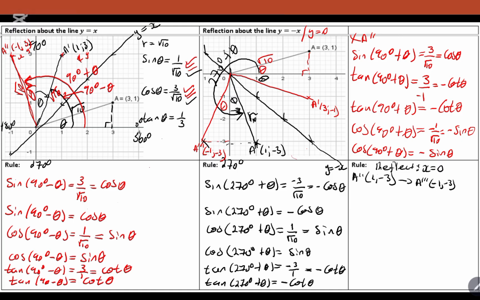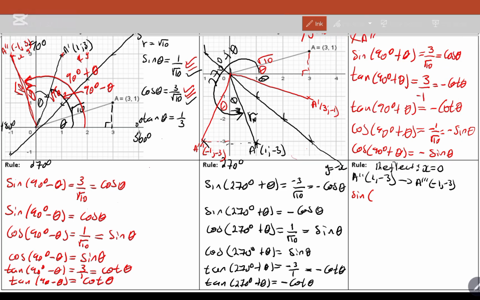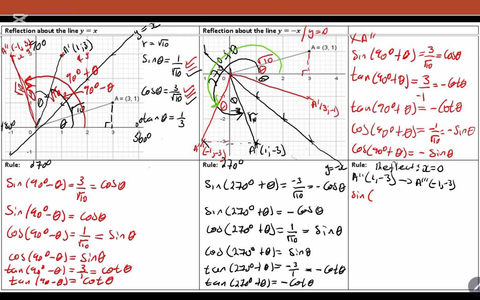Now, we are going to find those trig ratios. So we look at sine of the size of this angle. Now, which angle are we talking about? I'm just going to use a green pen so that the angles can be clear. So what is the size of this angle in the green pen?